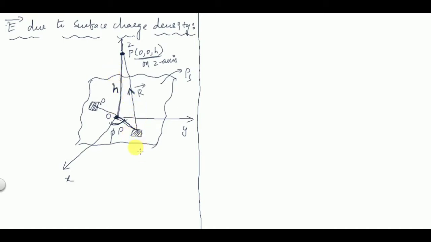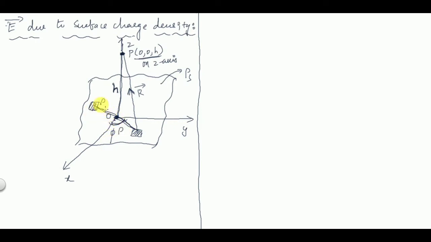This is what is required for analysis. Understood everything? I'm considering a sheet of charge and have drawn the coordinate system, and I have taken a small piece of a sheet of charge on both sides of the origin.